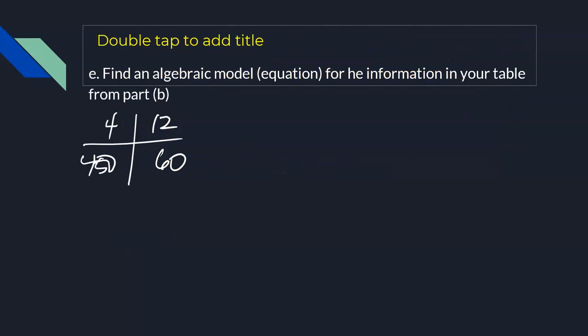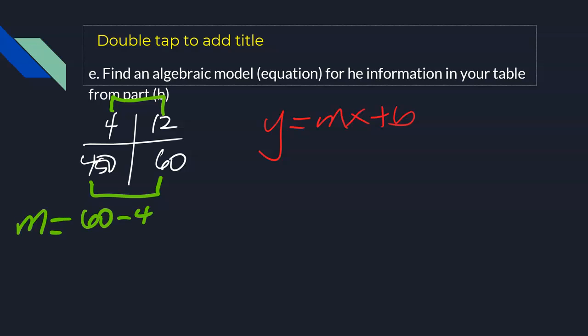Okay, so to find the equation, we have this given. After 4 hours it was 450, and after 12 hours it was 60. So to solve, first we want mx plus b, so we want to get the slope, the change in y over the change in x. 60 minus 450 over 12 minus 4.